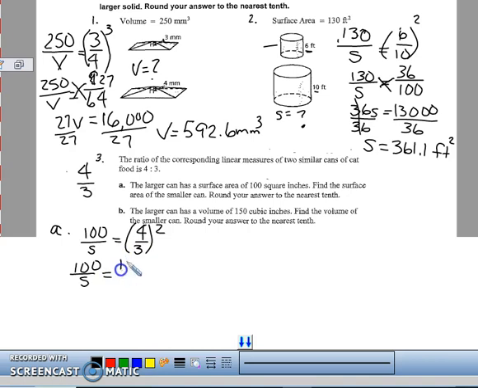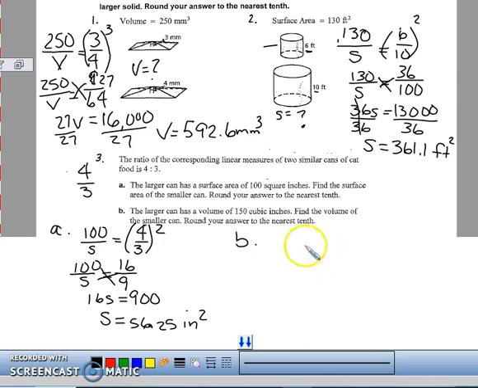So 4 squared is 16, 3 squared is 9. Then you can go ahead and cross multiply, and I get 900. Divide both sides by 16, and you get 56.25. I think it said tenths, so that should have been 56.3. But sometimes I round to 2. All right, then for B.